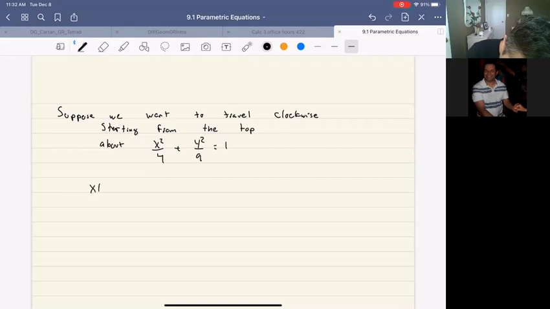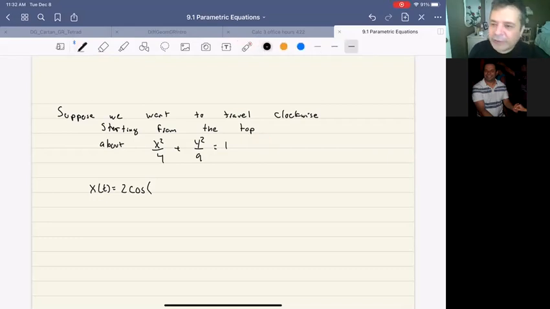So our x of t is going to have an amplitude of 2. I'm just going to always use cosine first. You can use sine, but it's always easier to use cosine. But when I'm starting from the top, that's going to move everything at the top.